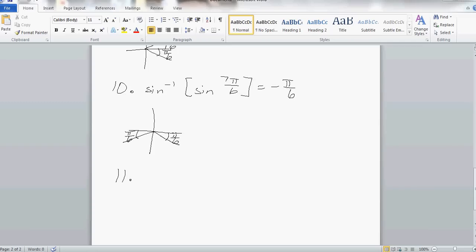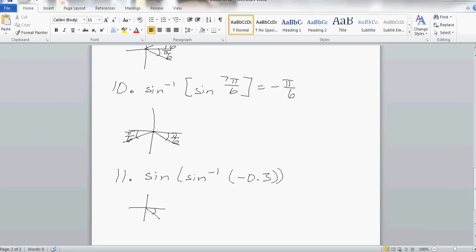Number 11 and 12, we need to find exact values. We are not allowed to use a calculator, but sometimes this might be undefined. So we have the sine of the arc sine of negative 0.3. Where does sine equal negative 0.3? It has to be in quadrant 1 or quadrant 4, so apparently that has to be here in quadrant 4.